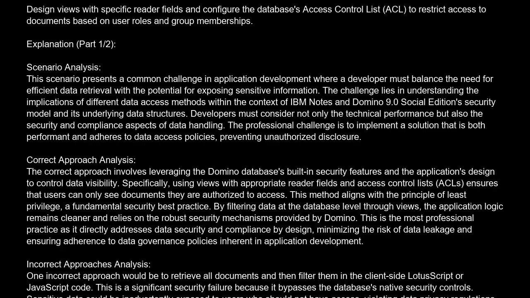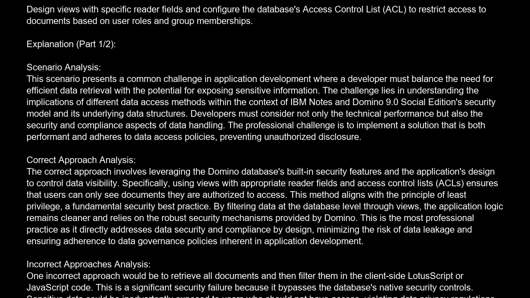Correct approach analysis. The correct approach involves leveraging the Domino database's built-in security features and the application's design to control data visibility. Specifically, using views with appropriate reader fields and access control lists, ACL, ensures that users can only see documents they are authorized to access. This method aligns with the principle of least privilege, a fundamental security best practice.